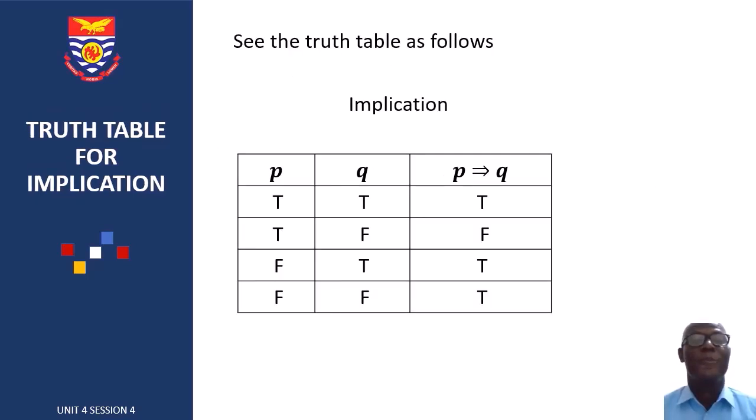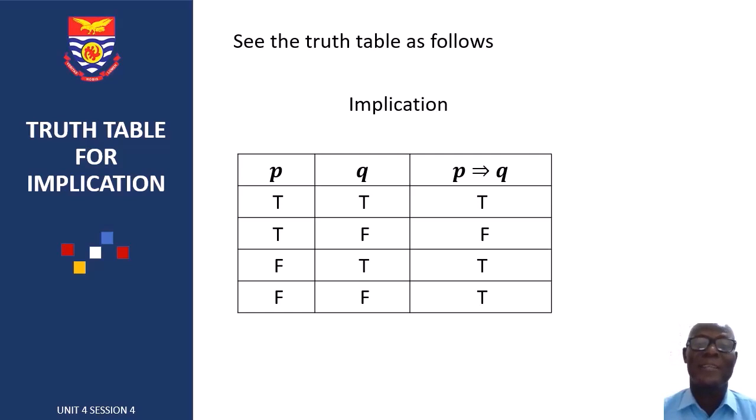Truth table for implication. In our previous slide, we saw that for the two statements P and Q, P implies Q is true, except if the first statement is true and the second statement is false.